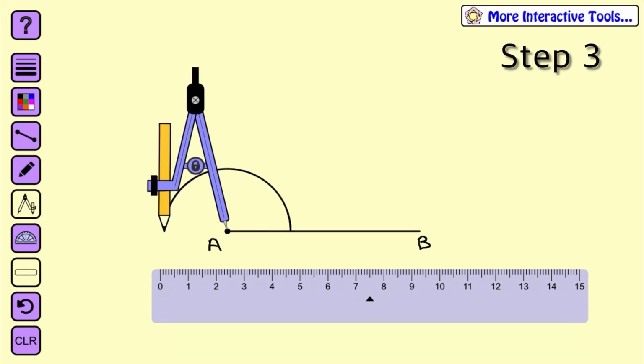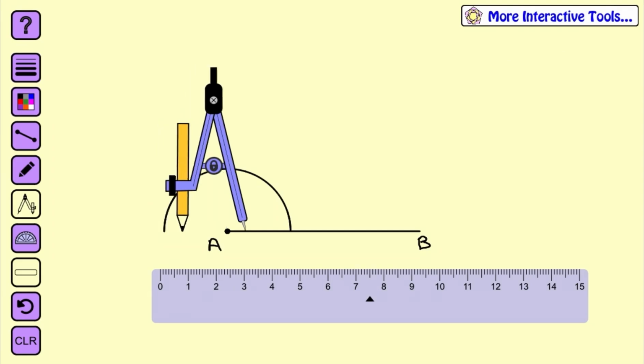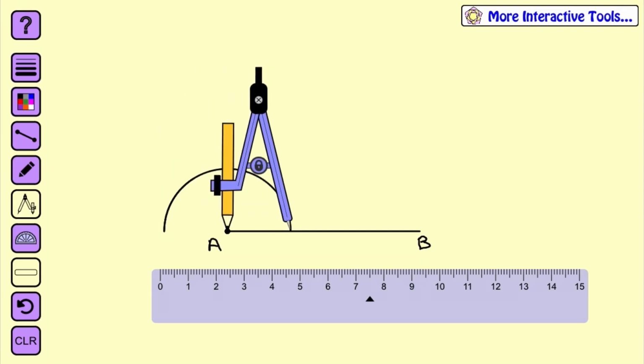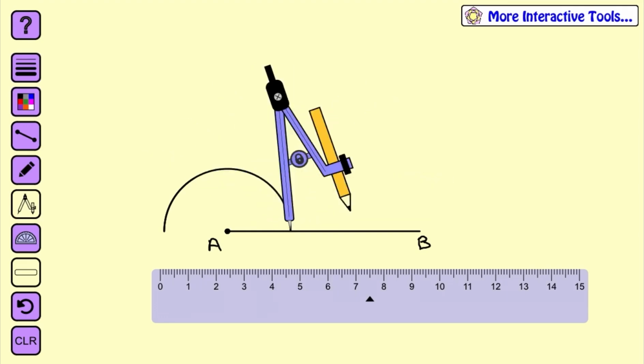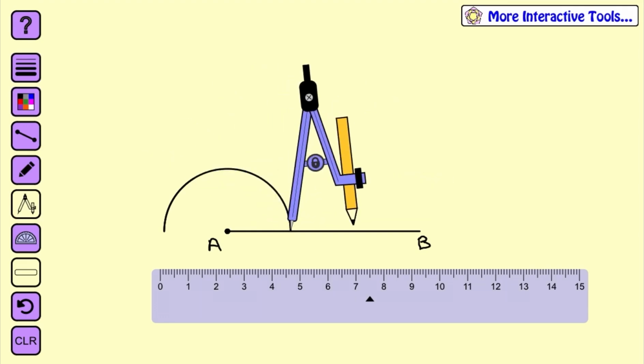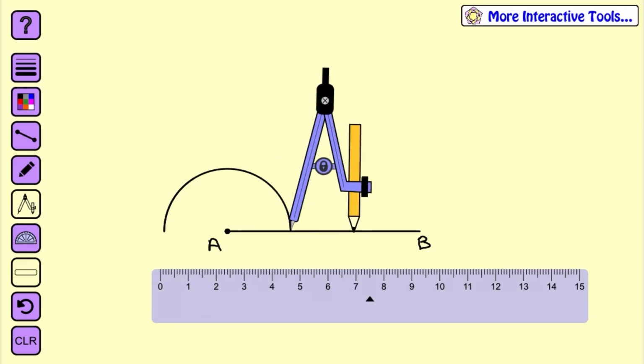The next step is to move the compass to the intersection between the semicircle and line AB. So that would look something like this, where the tip of the compass is on the intersection point and the pencil is positioned to fall right on the line.